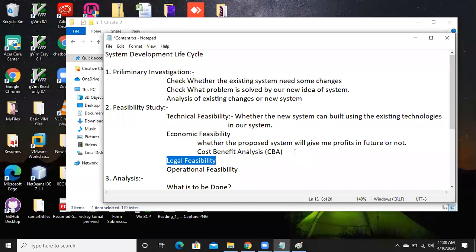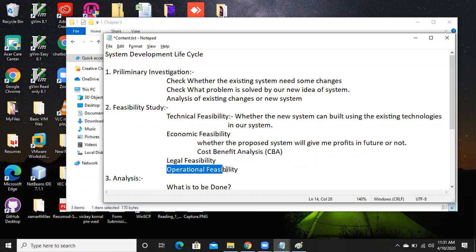It is not selling or providing services which are listed as illegal, or dealing in products which are not legal in our particular country, right? So we will basically check whether the current system or the new system fulfills this legal feasibility or not.